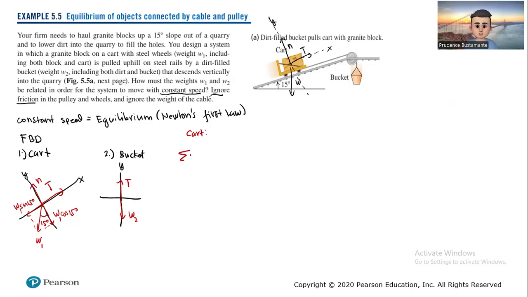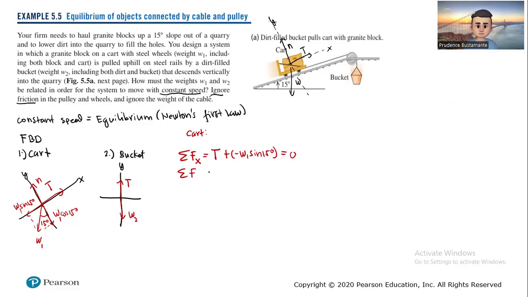a summation of all the forces along x. Along x, we have the tension plus the negative weight 1 sine of 15 degrees. Since this is constant speed, equilibrium, 0.